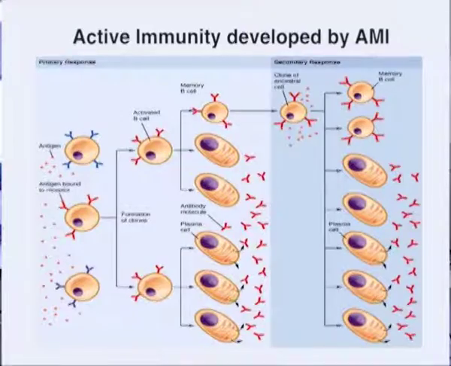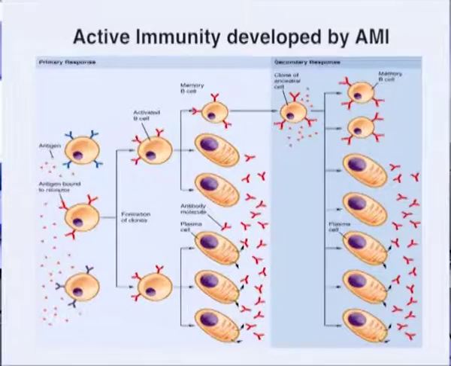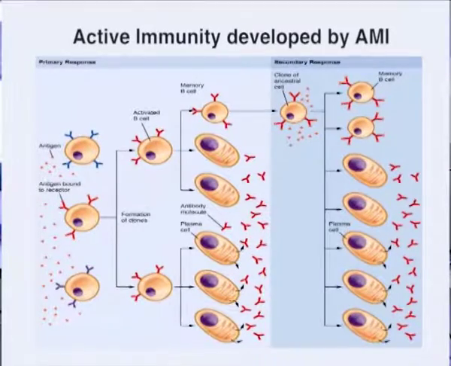It is termed active because it includes the active involvement of the host's immune machinery. The host's immune machinery recruits AMI or CMI for developing the acquired immunity, which is a part of specific host defense mechanism. As a result, antibodies or immunologically active cells are produced for preventing the spread of infectious agents.